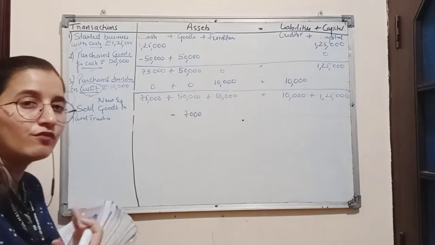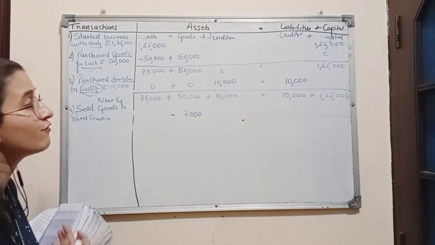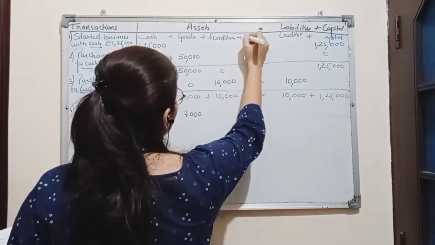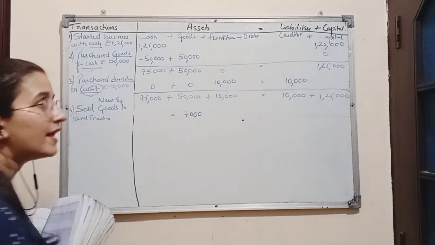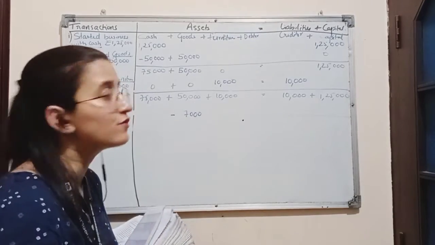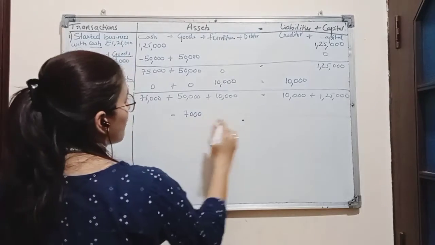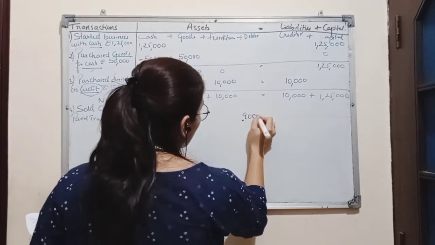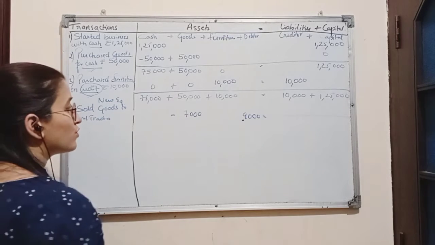If the goods are sold on credit, that means we will get the amount in near future. So for this we will open a new column on asset side, which is debtor. Debtor is the asset because debtor is the person who has to pay the amount in the future. So 7,000 goods have been sold for the amount 9,000. That means we will receive this amount in near future.